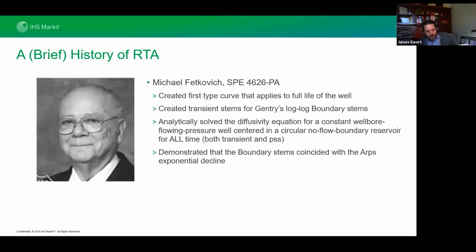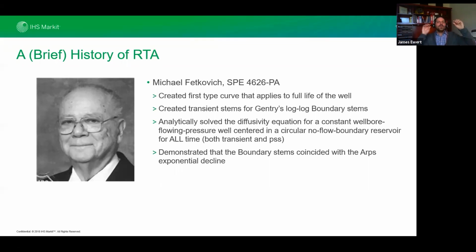Michael Fetkovich, great man. SPE 4629-PA is a great read if you are interested. He created the first type curve that encapsulates the full life of a well. Now, if you're not clear on what a type curve is, different people use different words. In rate transient analysis, using dimensionless variables, we can take data from any well and place that data on some curves. That tells us the permeability and skin of your system and the total contacted volume, depending on how much data you have to analyze.